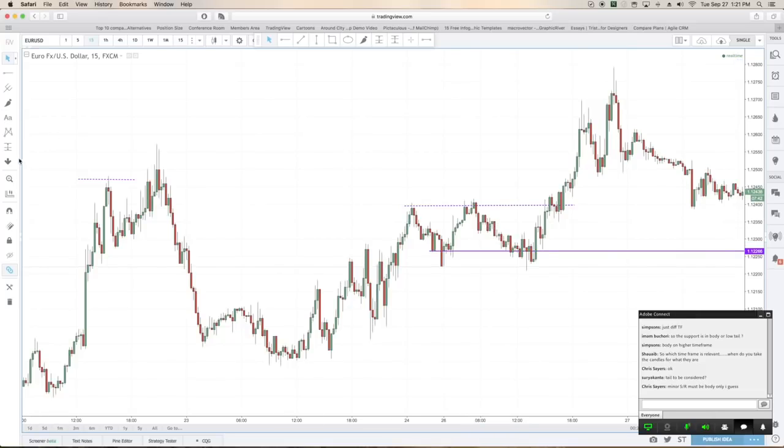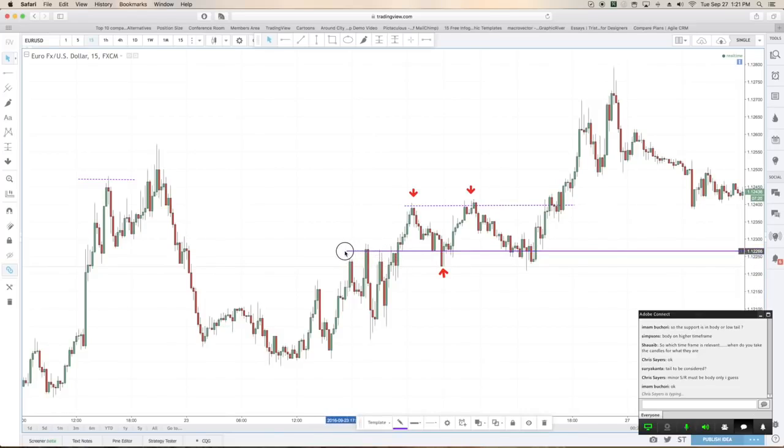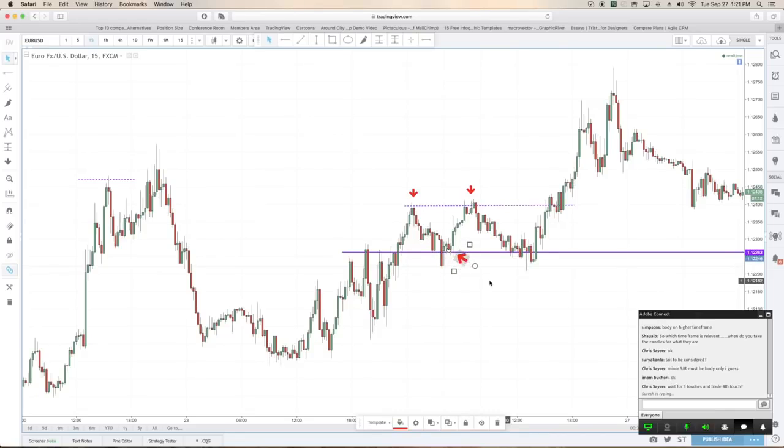Now, at what point do I start thinking that this could be a range? When I have this, when I have that, when I have this. At that point I start thinking, okay, we've got three touches, no higher highs, no lower lows, and for some reason this price keeps respecting this resistance again and again, because it moved away from this resistance.